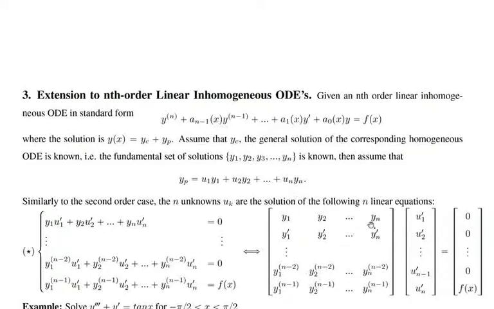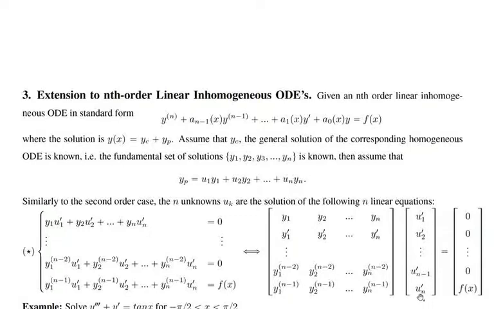So the Wronskian is not equal to 0. So this system has a unique solution. So eventually we will be able to solve this system and find the values or the functions that are equal to u1 prime up to un prime.